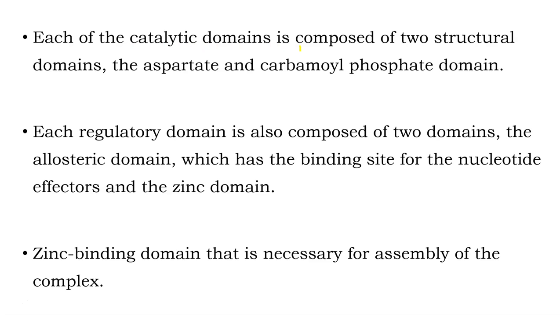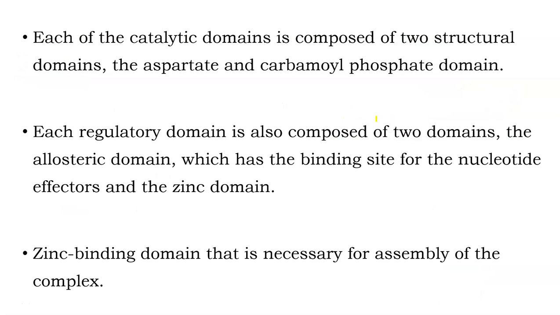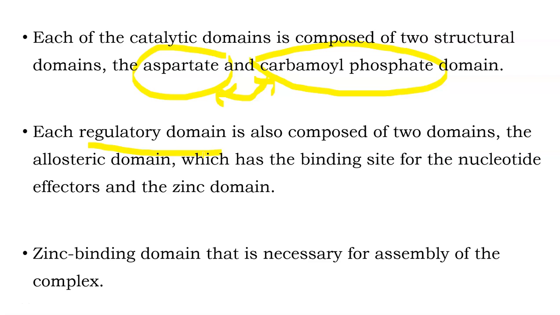Each catalytic domain is composed of 2 structural domains. That means here each catalytic domain, C1, C2, each one has 2 structural domains. One binds to the aspartate, another binds to the carbamoyl-phosphate, because the reaction has to happen between these two. That is why there are binding sites in the active site to bind both aspartic acid as well as carbamoyl-phosphate. And what is the regulatory domain doing? It is also composed of 2 domains. One is called the allosteric domain, where the effectors bind.